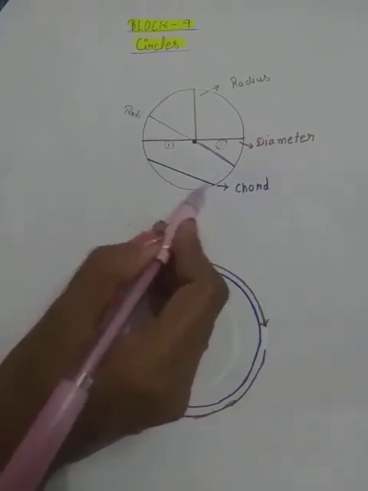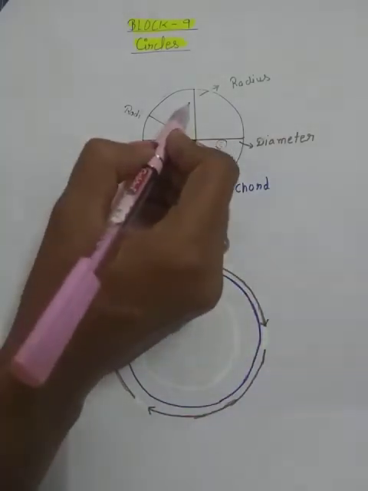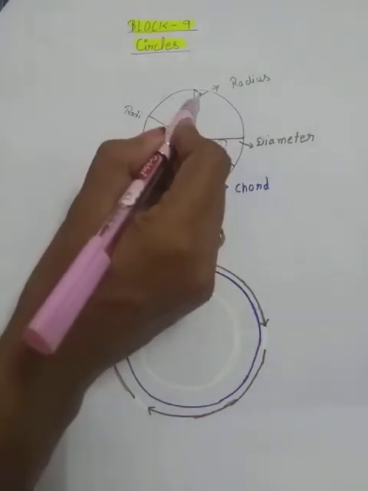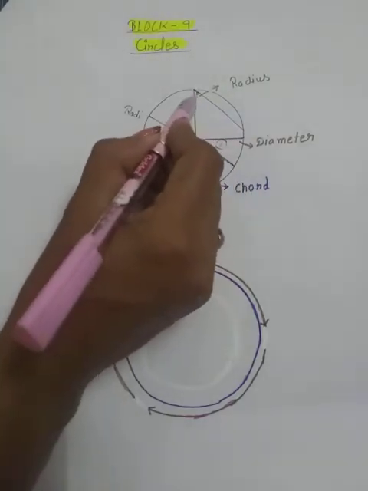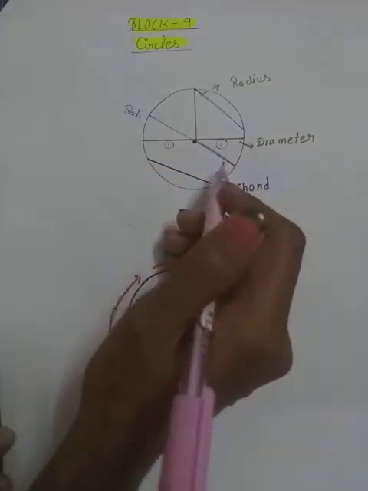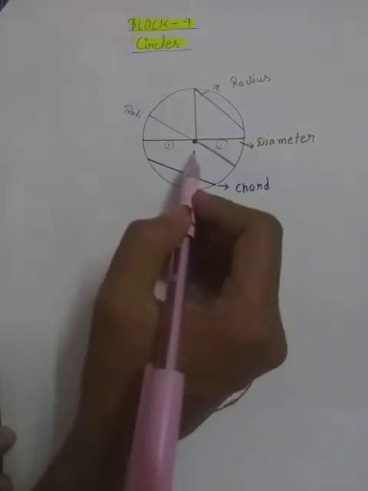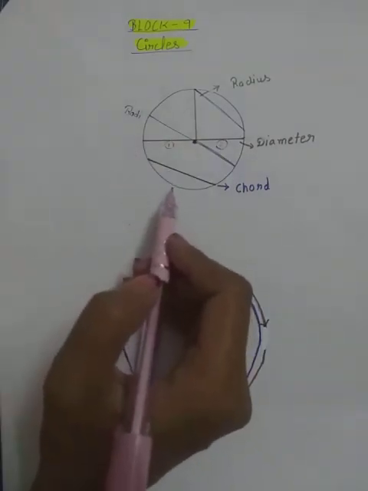This one is the edge. If we draw one more chord, from one edge to another edge, that is called a chord. So these were the features of our circle.